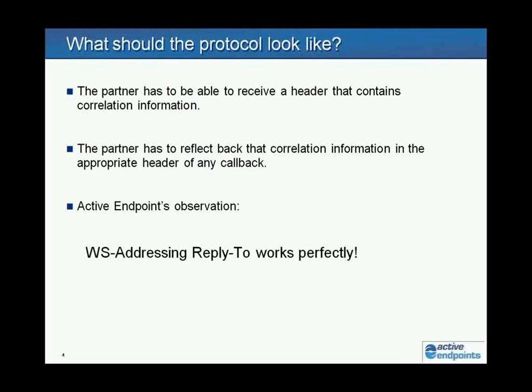With engine managed, it's in a header. Then the partner has to guarantee that any response message or callback message is going to contain that correlation information in another appropriate header on the inbound request, and then it can be routed.